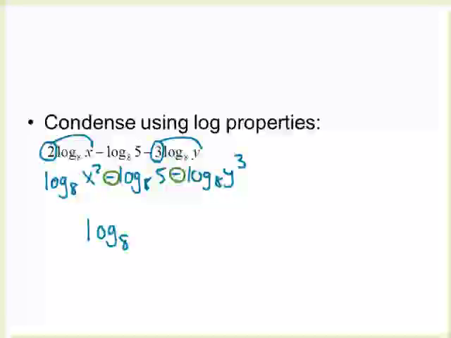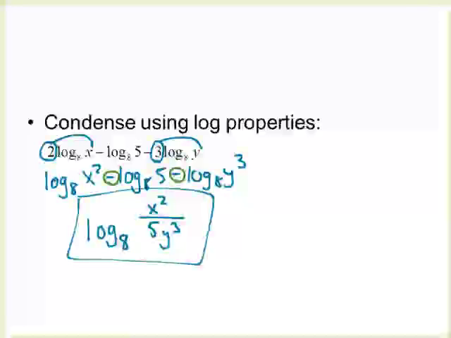So we're going to write this as log base 8 of. The x squared's positive, so it goes on top, but the 5 and the y cubed were negative, so they go on bottom. Anything that is a subtracted term belongs on the bottom of a fraction. Questions?